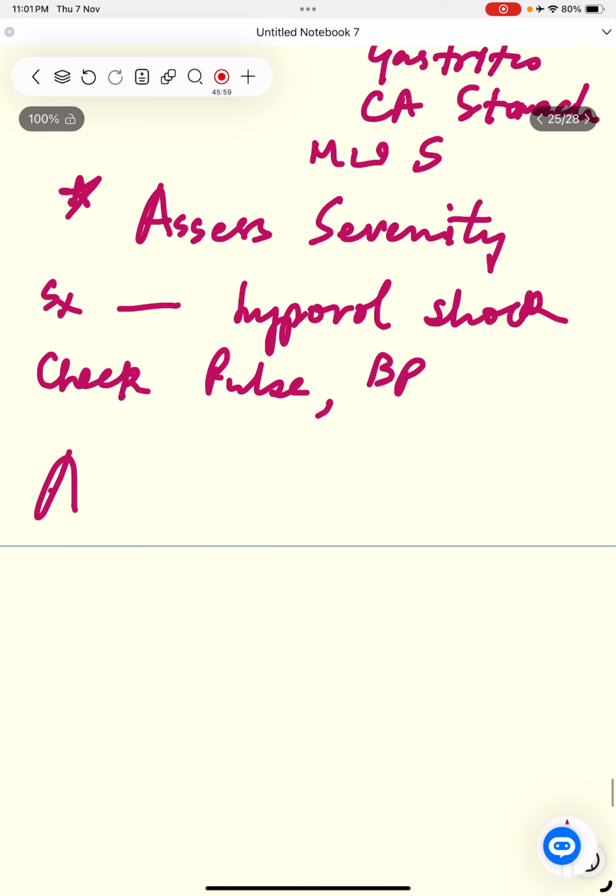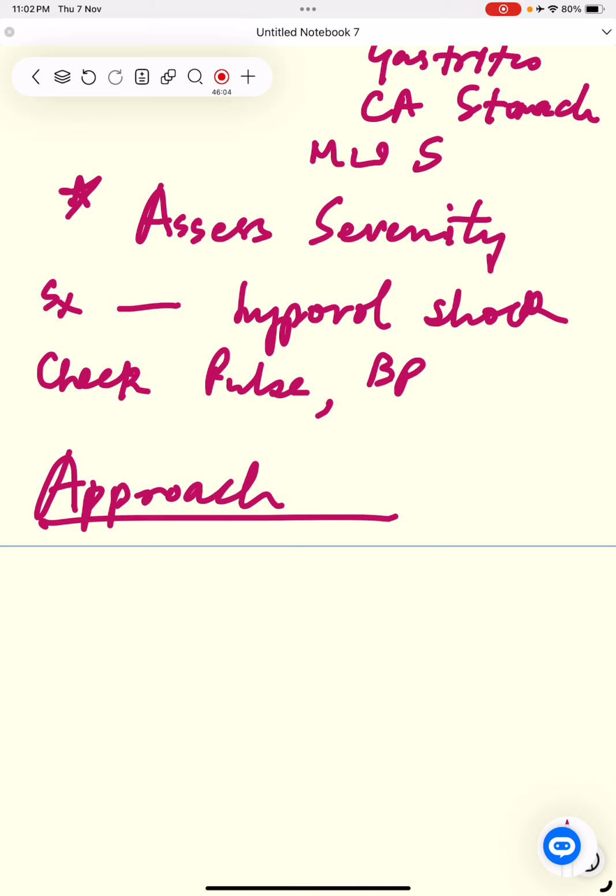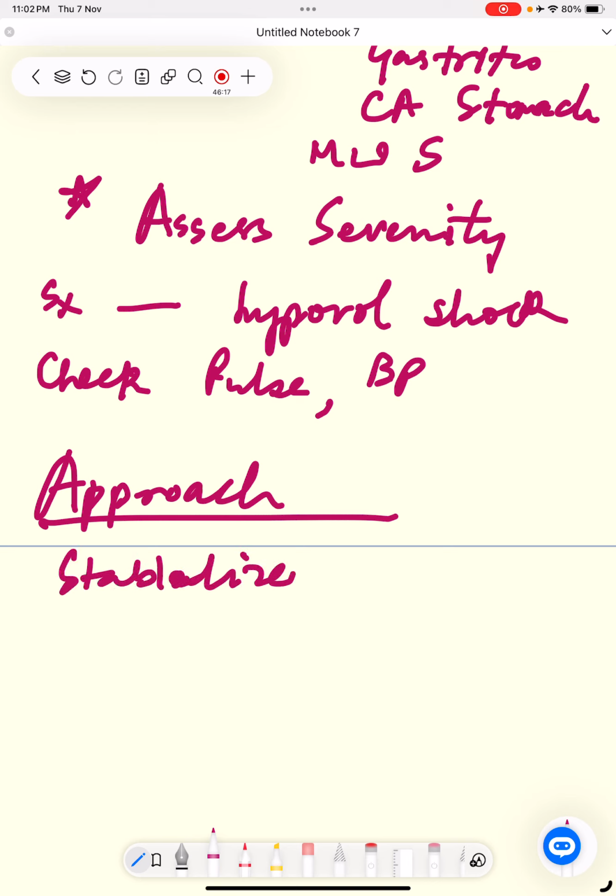Now, how to approach this case? First, if varices come, you have to stabilize the patient hemodynamically. So you have to bring the systolic blood pressure to 90 mmHg.